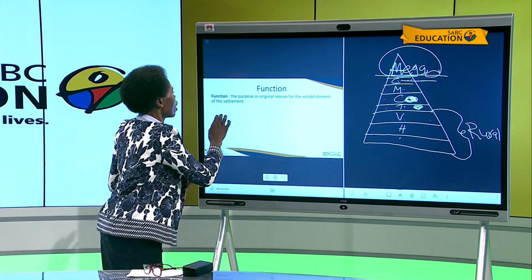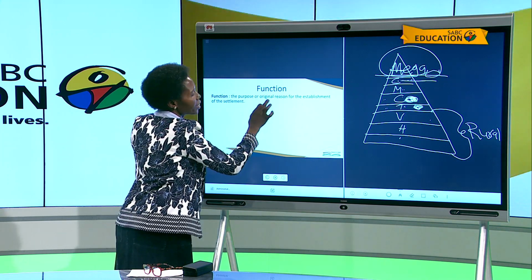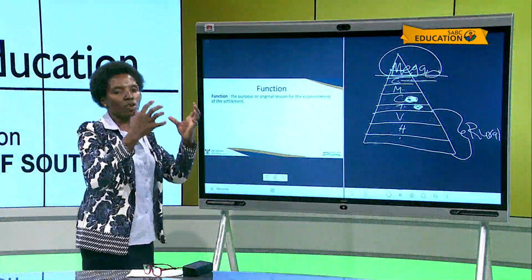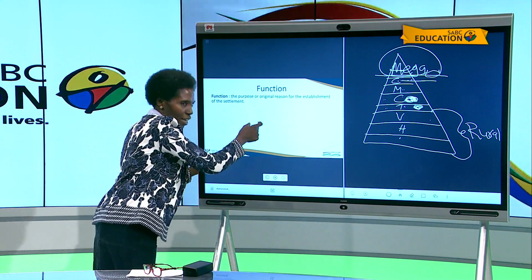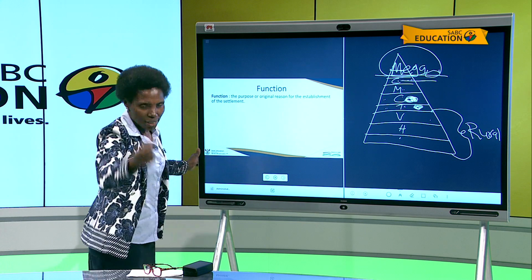Okay, when we look at the function, the purpose or original reason for the establishment of the settlement, which means this function that we have in the area, let's say we have primary activities. If now we start manufacturing goods, which means we process raw material, the function will change from primary activities to secondary activities.